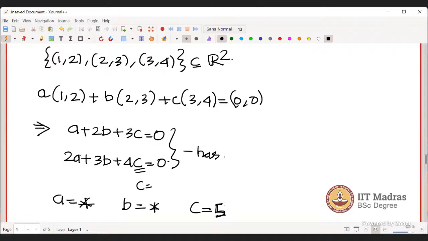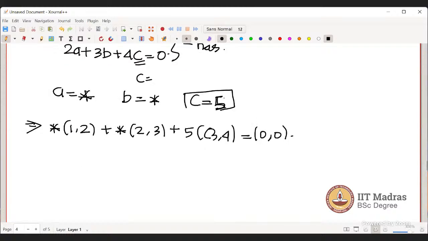This system has infinitely many solutions because you have an independent variable. If C is the independent variable, I can take any number for C. In particular, if I take C to be 5, I get this equality, and in this equality, as you can see, this is non-zero.